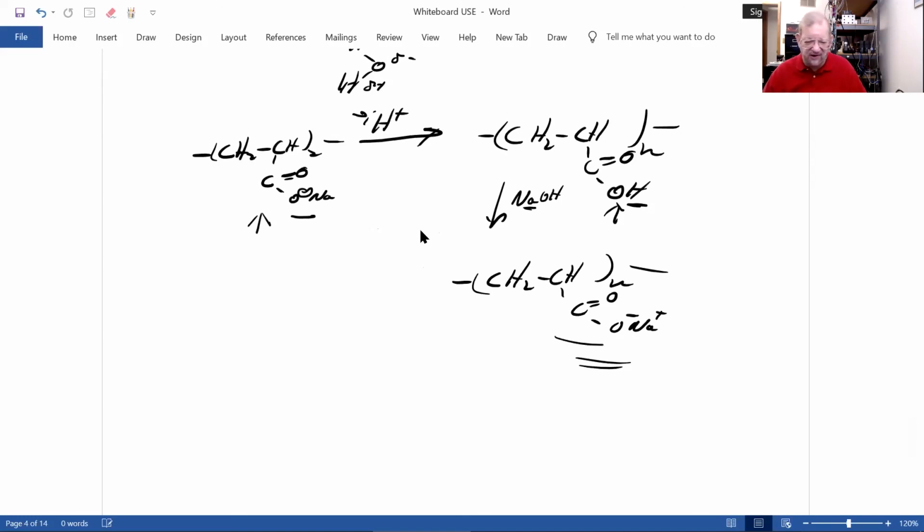By the way, this whole thing is inside the bracket. And now this will hydrogen bond better. And that explains why you see those results.